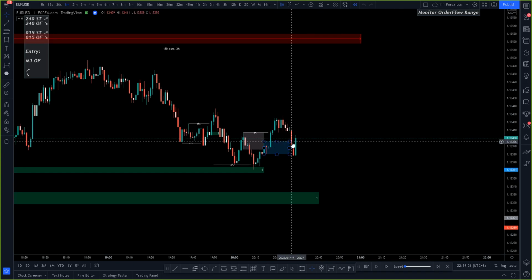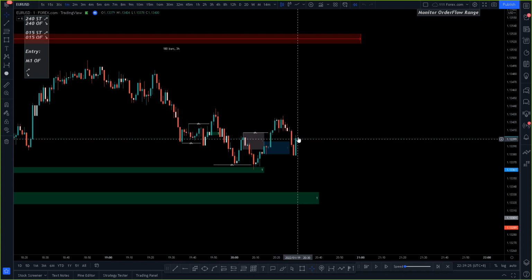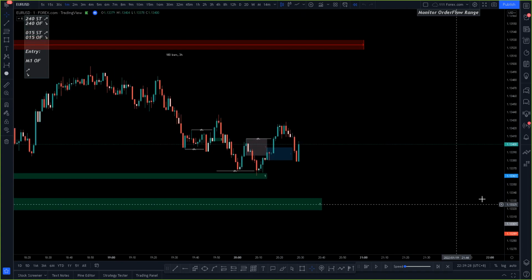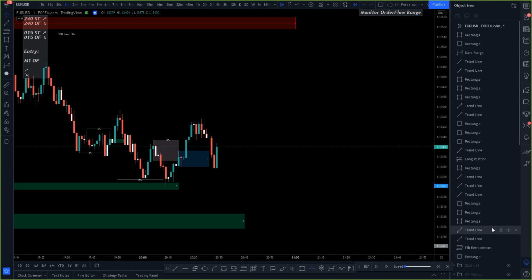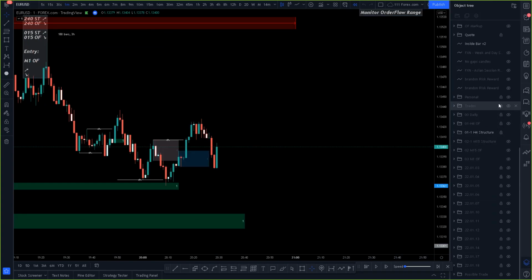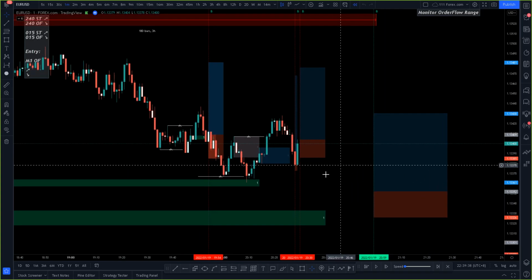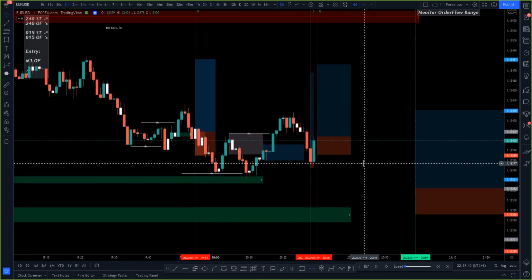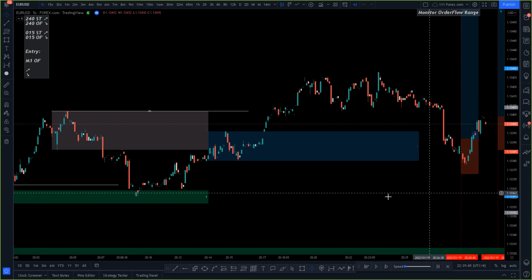My second trade was from here, but got taken out, and I took another trade here. So let's see how price goes. Okay, cool. Let's see, 5 seconds to see what really happens.